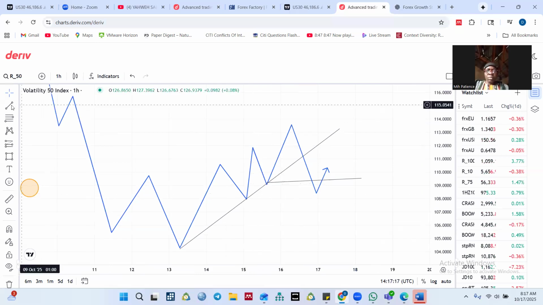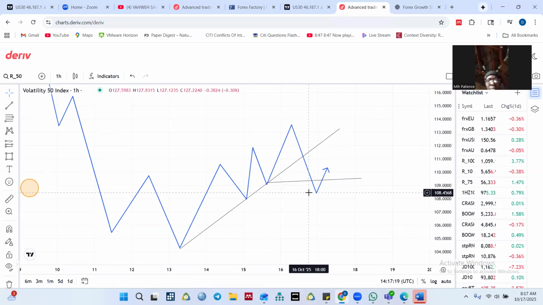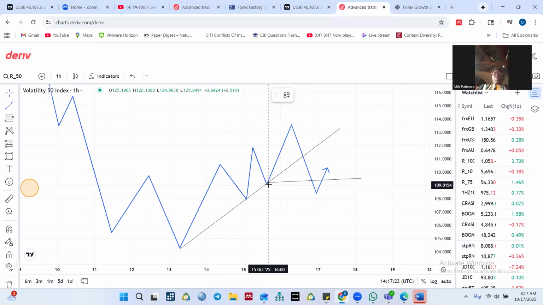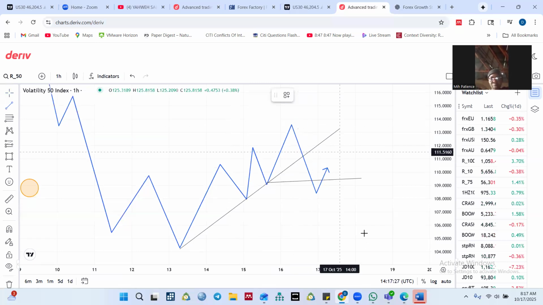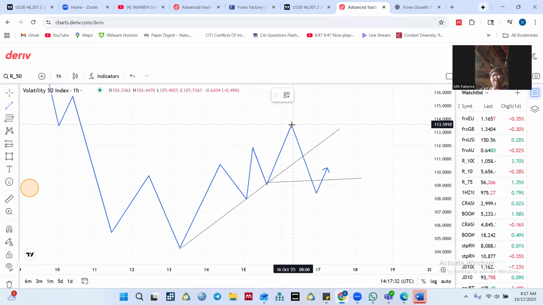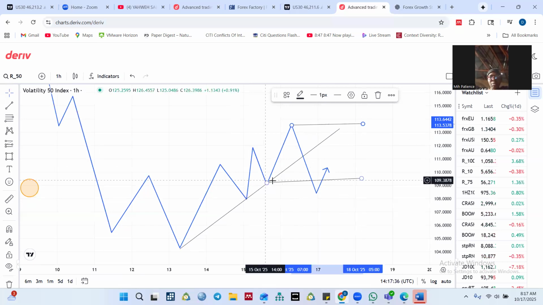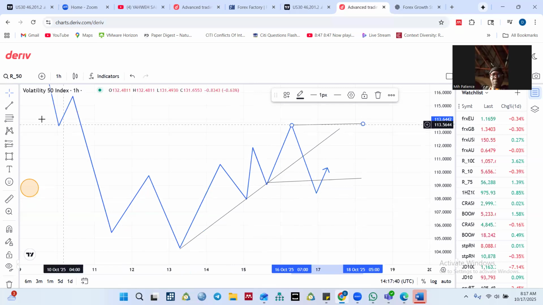But it doesn't mean that because the last lower high is taken out in an uptrend, we have changed and will now start selling. No. The higher high point that it gave us before it dropped to take the last lower high must act as a protection.